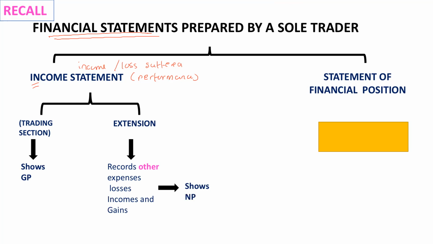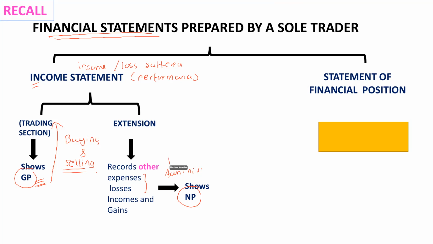What is the difference between gross profit and net profit? Gross profit is the profit that is earned exclusively due to trading. That means the profit that you earn because of buying and selling. After that, you would deduct the other expenses that are required to administer the business, in the warehouse, in the showroom.